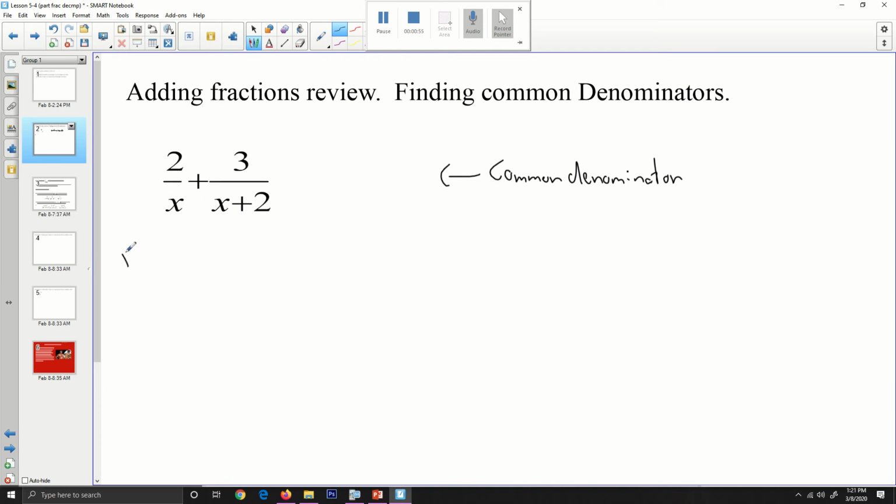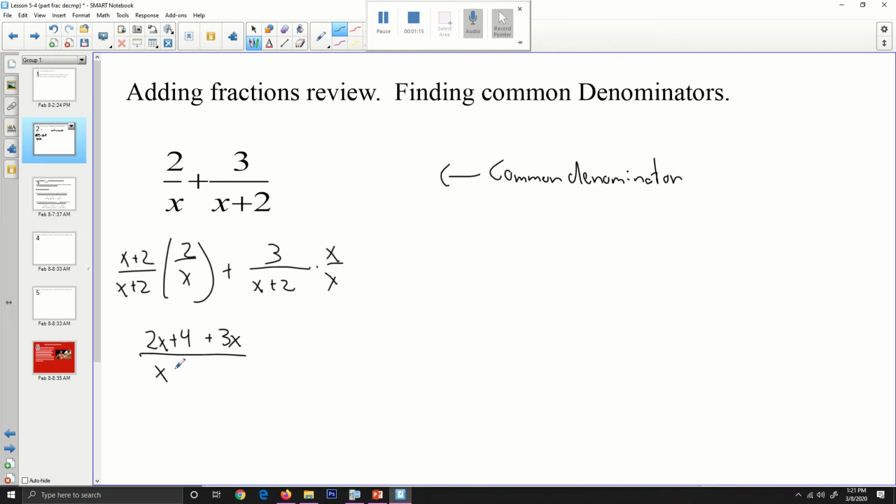And so I would go x plus 2 over x plus 2 times 2 over x, and then to this one I would go 3 over x plus 2 times x over x. I would get 2x plus 4, and then it would be plus 3x all over x times x plus 2, which would give me a final solution of 5x plus 4 all over x squared plus 2x if I simplified.